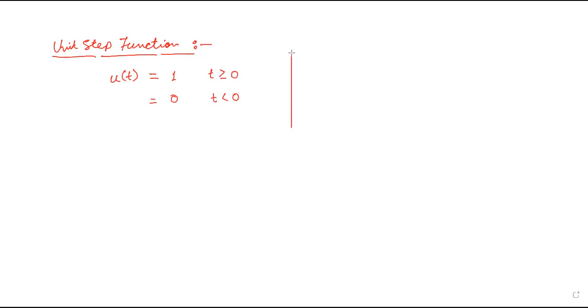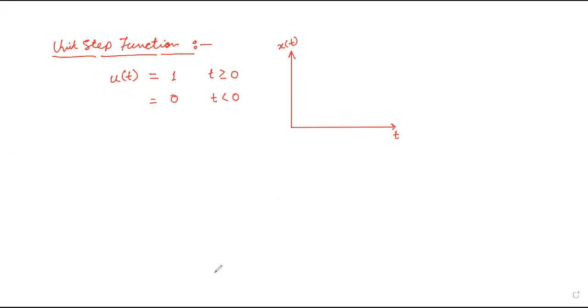So if there is an axis, okay. So what is the unit step signal? Here we have the time axis, and here we have the signal x(t). Okay.